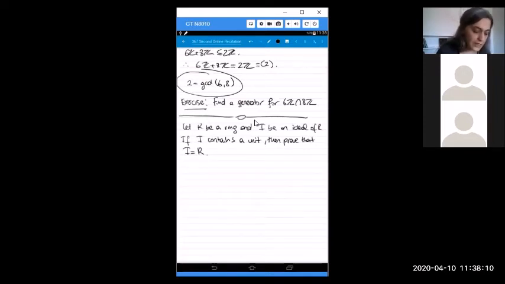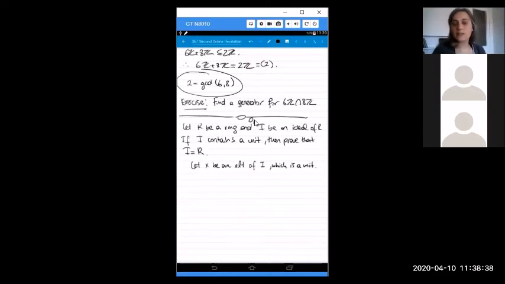Now, for this one, let me put a non-zero ideal here. Now, let us take a unit from this ideal. Let x be an element of I, which is a unit.